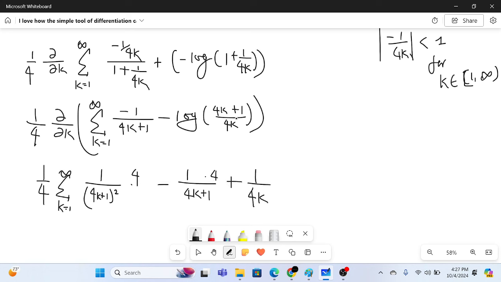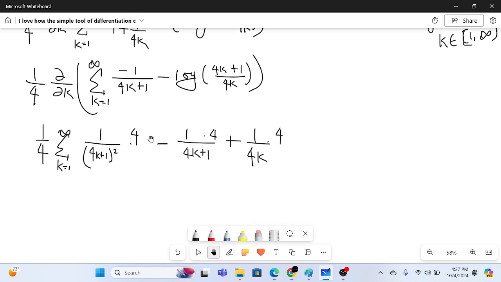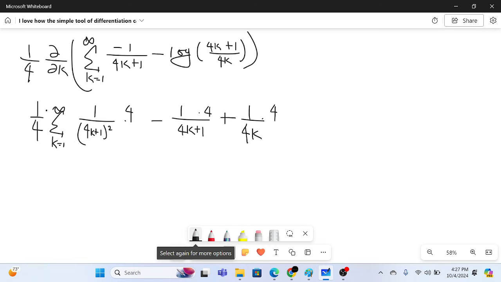This is plus because I have been separating this log into two different logs with a negative sign in between. Negative and negative is positive, times 4. Now you might notice that 1 by 4 cancels the 4's, right? So we have a really cool sum over here.